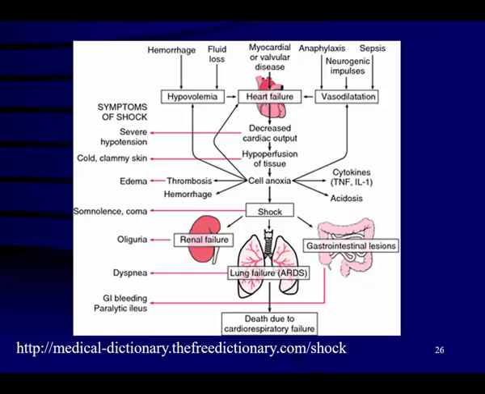So now you have another bad loop, and you can see all these things start to fail. Organs fail. You're not getting any fluid, any blood, any nutrients to them. Okay, so you've got to be really careful when people start to go into shock. Get them fluids, get them oxygen, get them medical help.